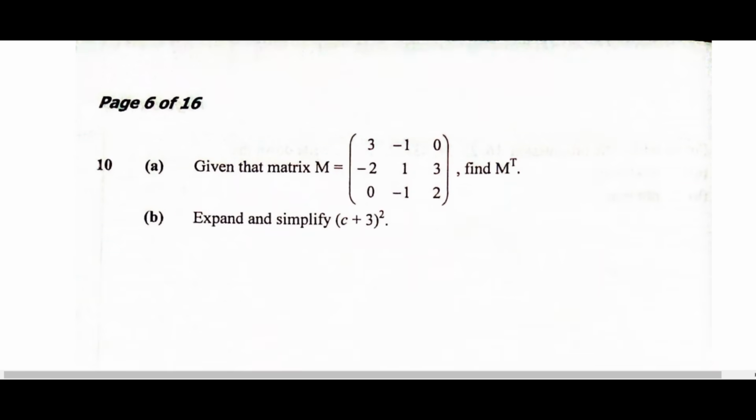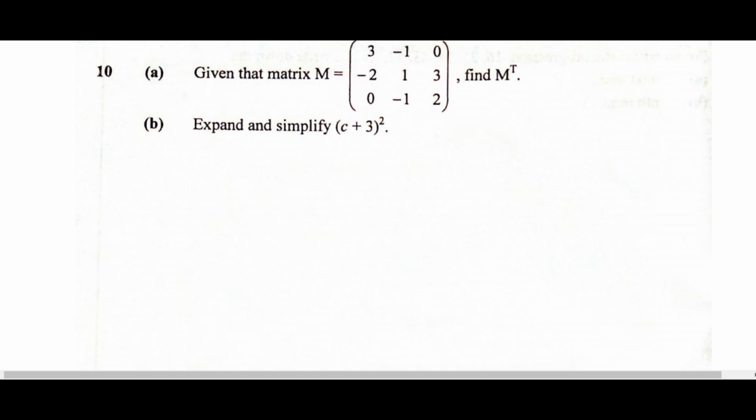So the next question, we have been given that matrix M is equal to this matrix. Find the transpose of matrix M. For a transpose, you just change the rows to columns.